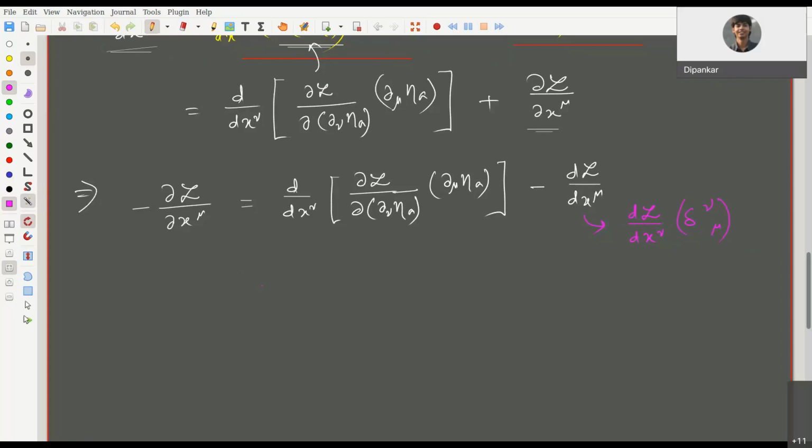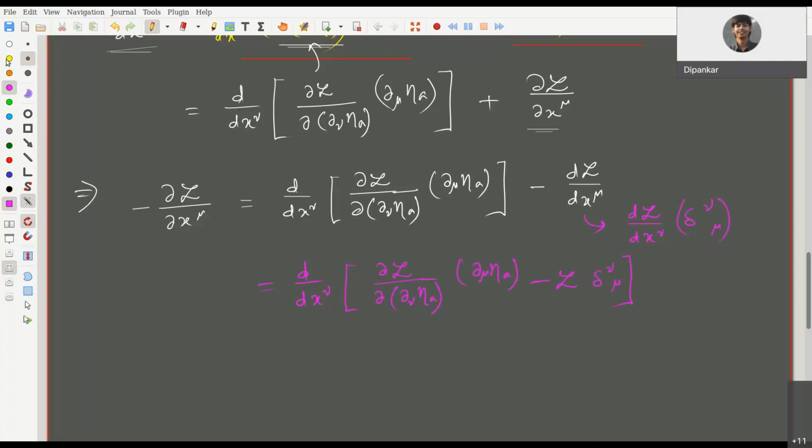All right, so if I take d dx nu common, this is d dx nu times, del L del of del nu eta A times del mu eta A minus L times delta nu mu. Okay.